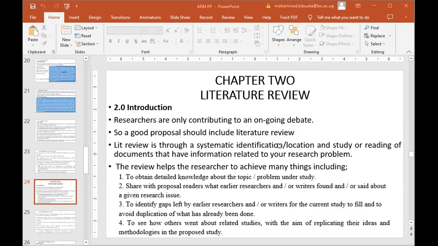several journal articles on previous studies that have been conducted regarding your study variables, IV and DV, the relationship between them, and probably the theories explaining the nature of the relationship between them.